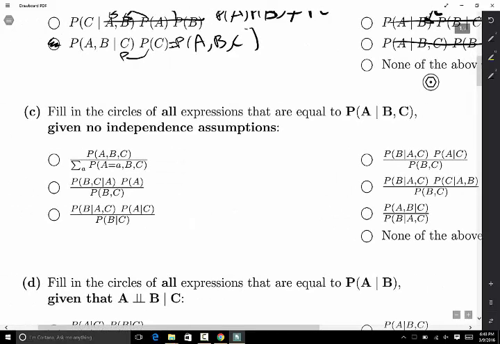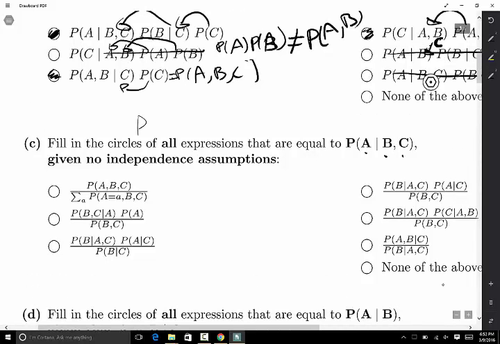Okay, now we are trying to find A given B and C. From Bayes' rule, P of A given B and C is equal to P of ABC divided by P of BC.